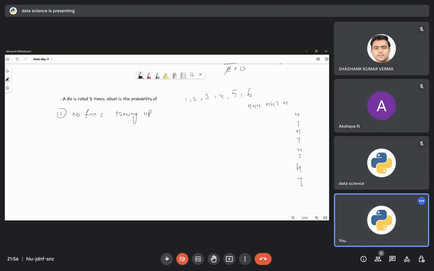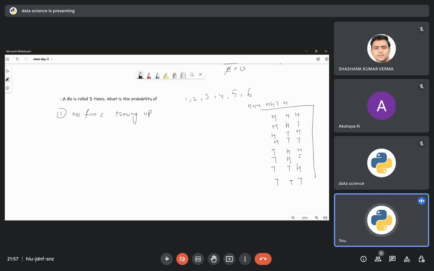I have a logic, and that's what I'm writing, so you guys can also understand these things. These are the possible outcomes.